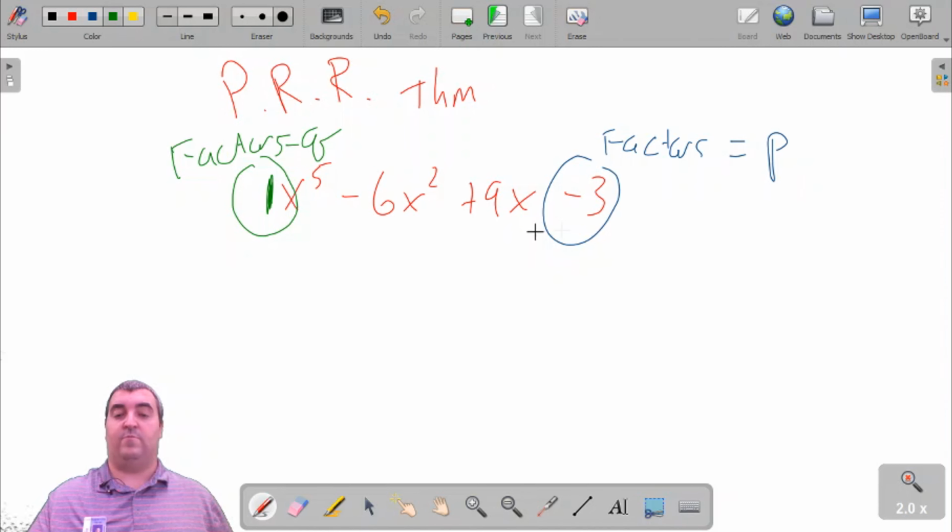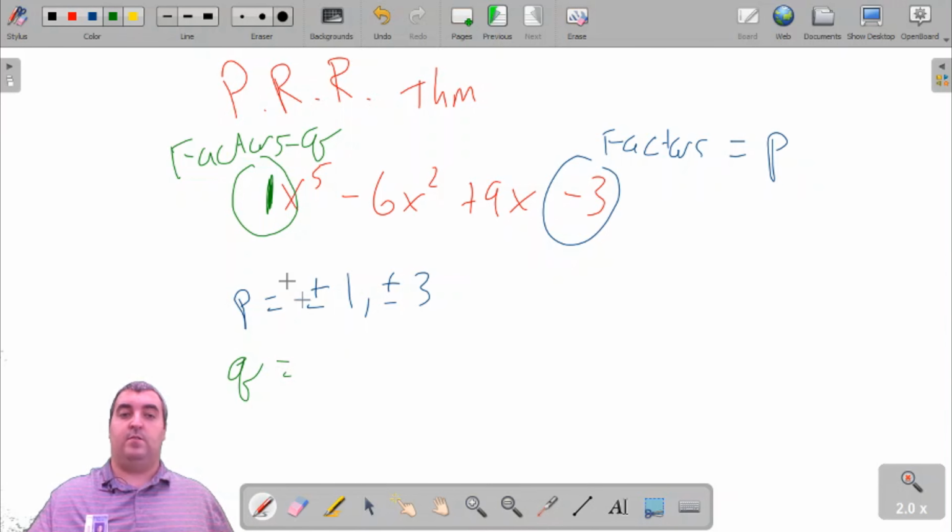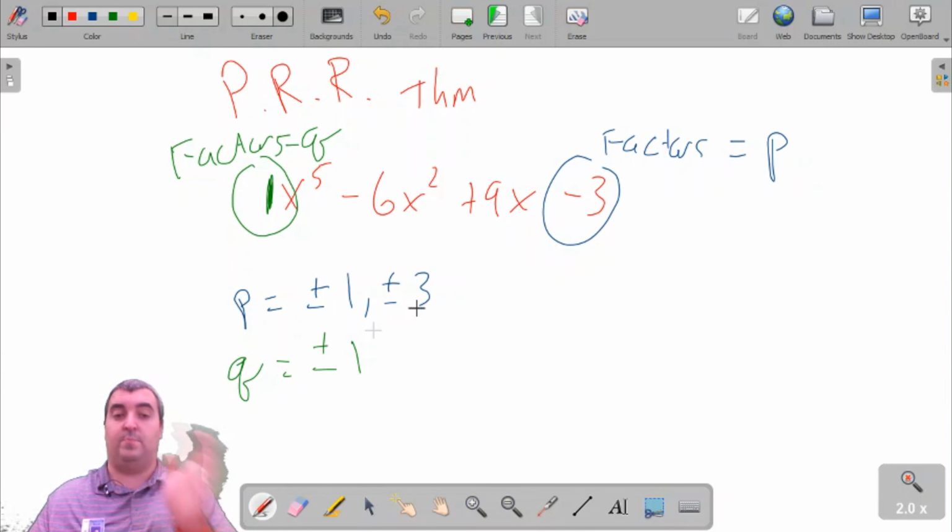If we list out all the p's, we would have plus or minus 1, plus or minus 3, and that's it. Then for the q's, we would have plus or minus 1. The theorem tells us that all the possible rational roots are going to be these p's over the q's.